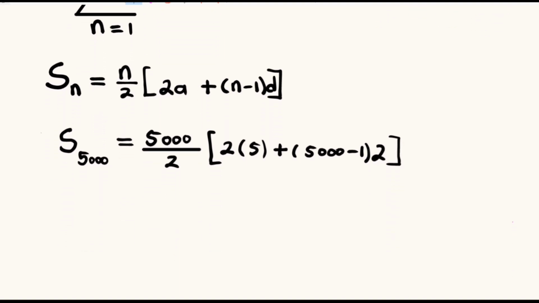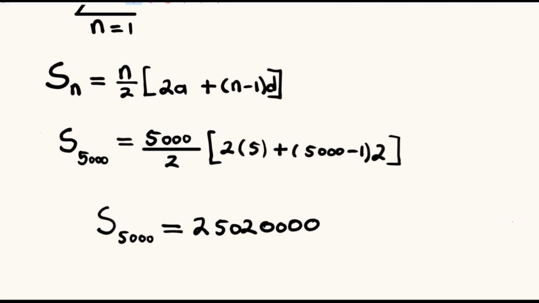So we have the sum to 5,000 terms, which will be equals to 25,020,000.